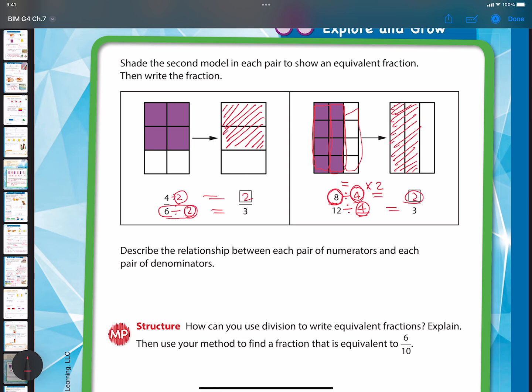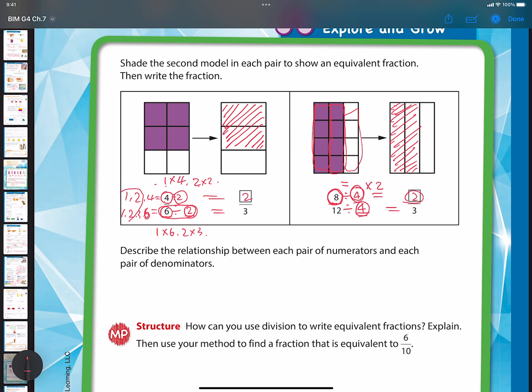Why is it a common factor? Let's find out. Factors of 4 are what? 1 times 4 and 2 times 2. So 1, 2, 4 are the factors of 4. And factors of 6 are what? 1 times 6 and 2 times 3. So common factors are what? I'm going to list this. 1, 2, 4 are factors of 4, and 1, 2, 3, 6 are factors of 6.